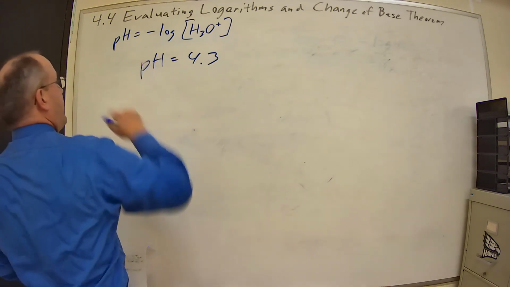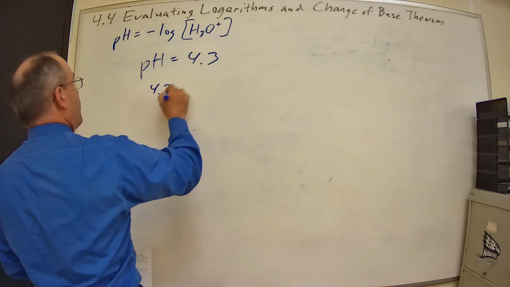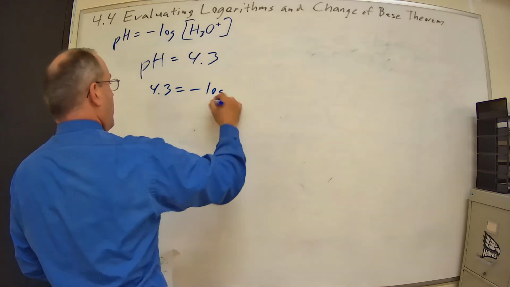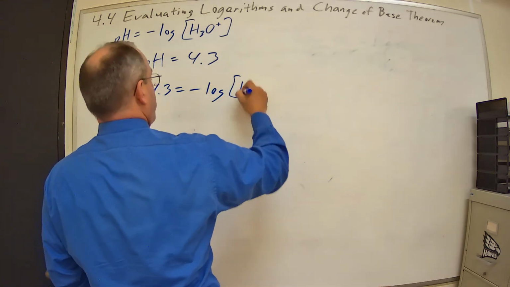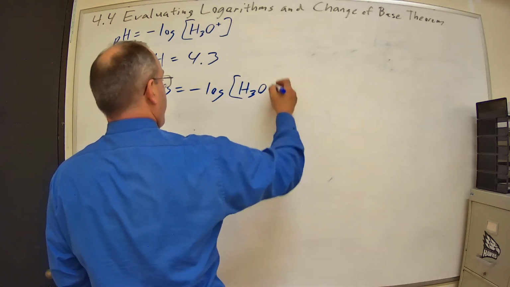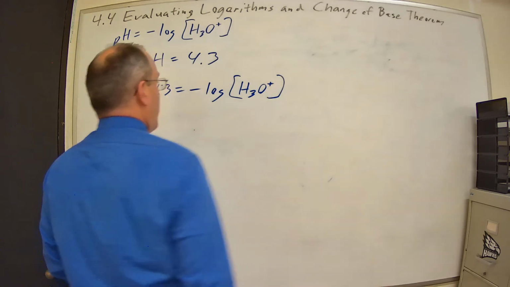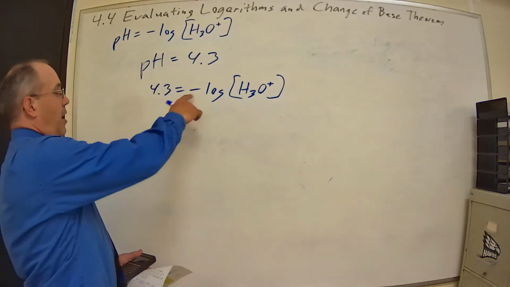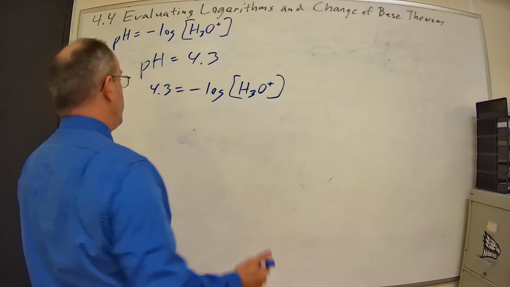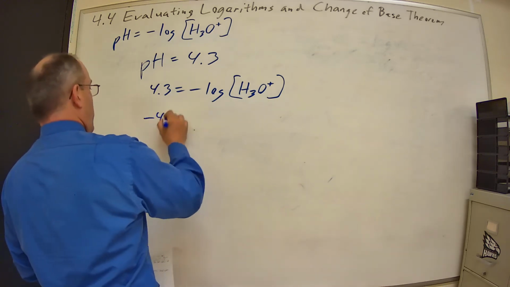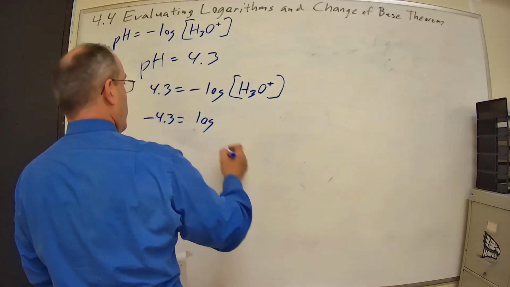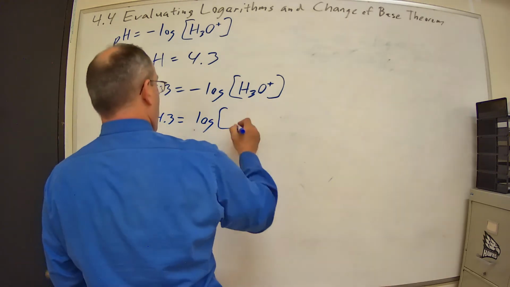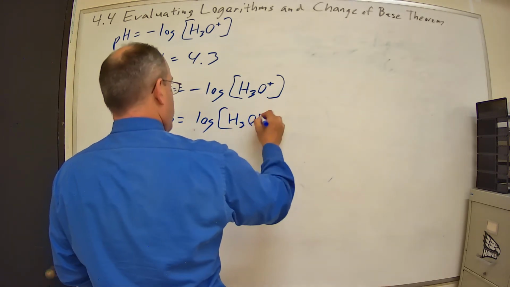So we're going to plug that in for pH, so 4.3 is equal to negative log of the concentration of hydronium ions. Obviously we can negate both sides, so negative 4.3 is equal to the common log of H3O+.